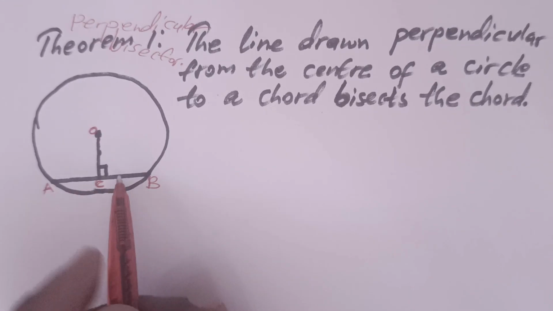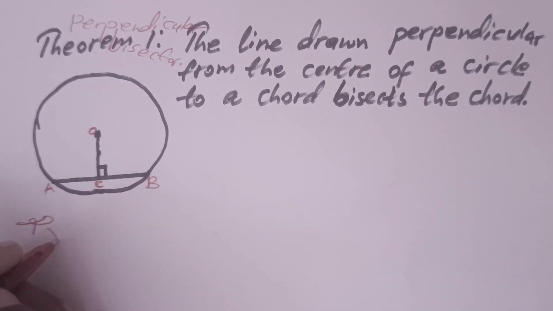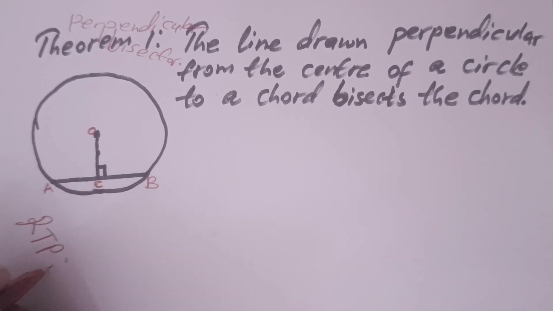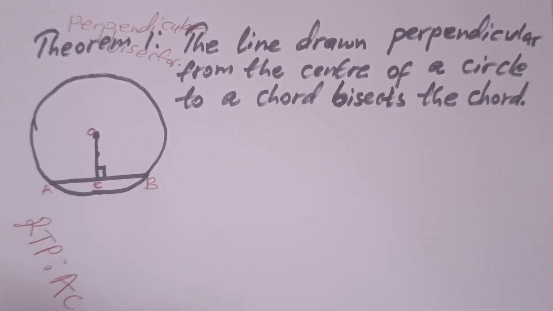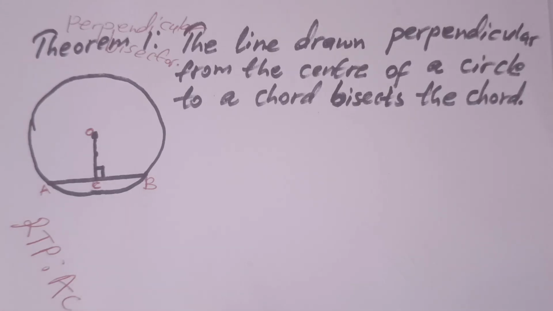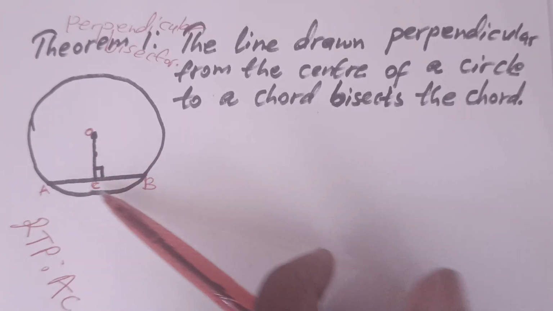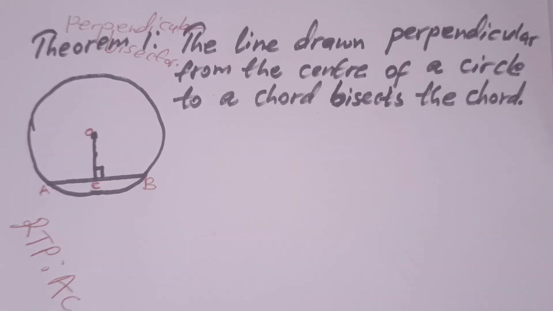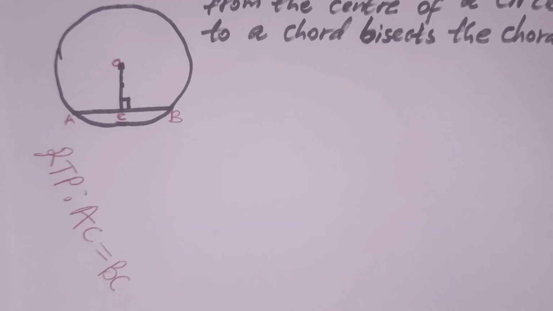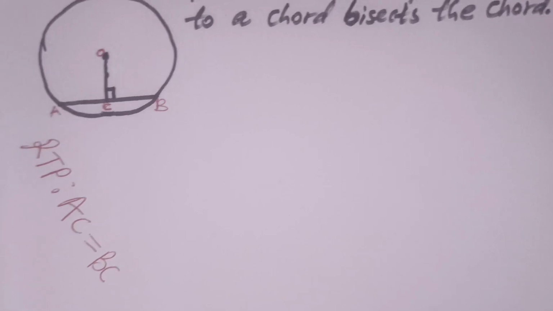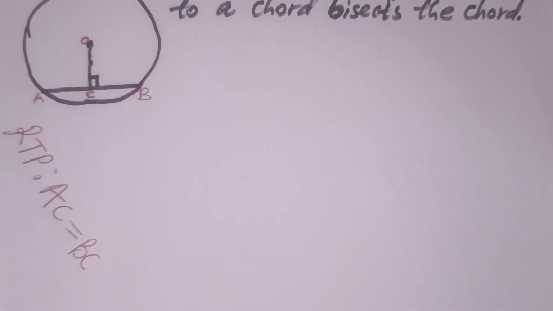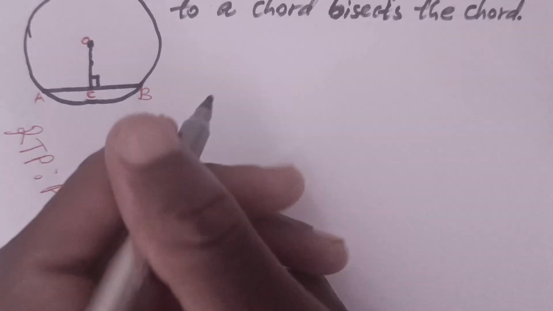So what we are required to prove here, RTP, is that AC is equal to BC. Given that OC is perpendicular to AB, we are going to prove that AC is equal to BC, because it bisects the chord.